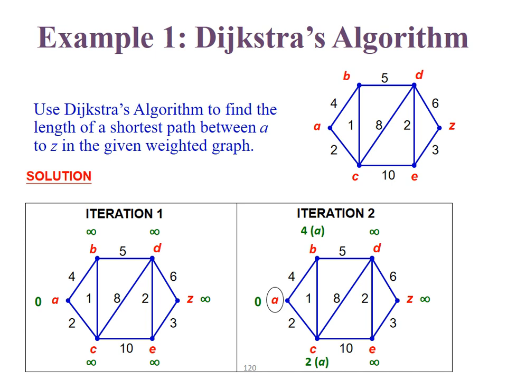And then in the next iteration, we start to travel from vertex A. We give a circle to indicate that vertex A is now included in the shortest path set.